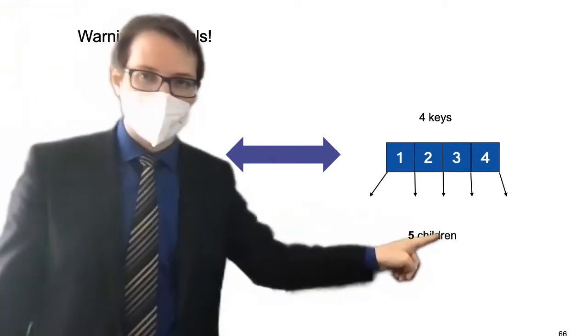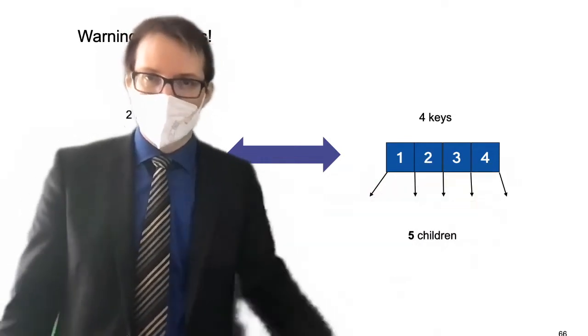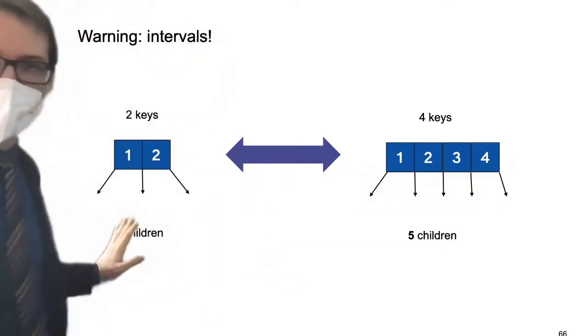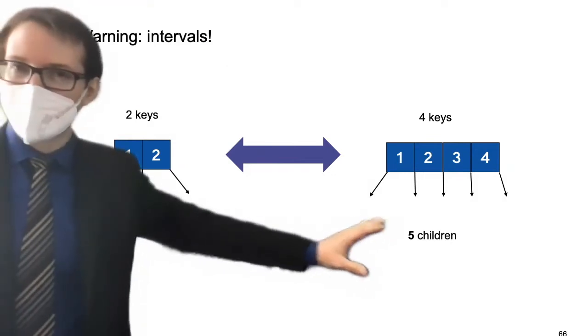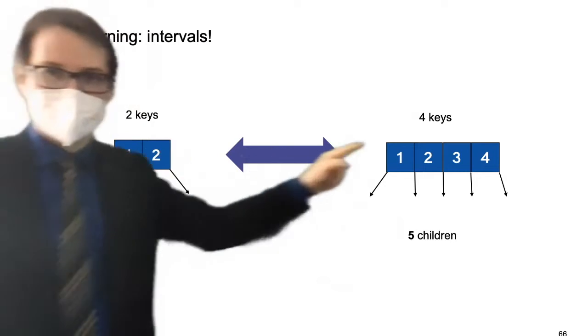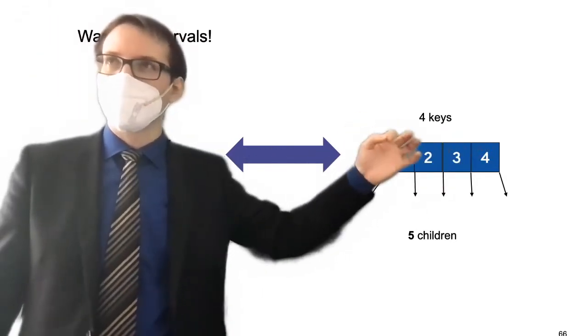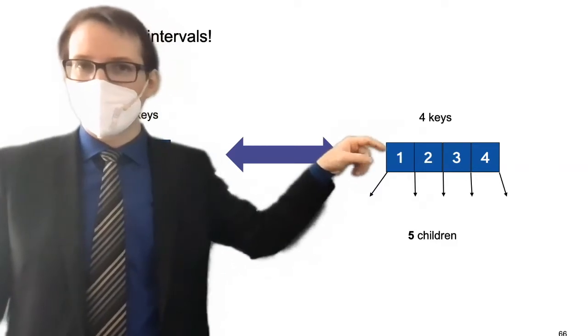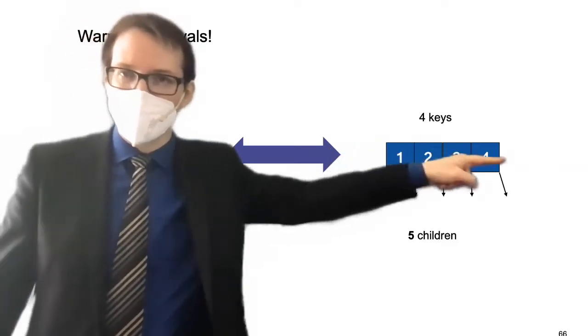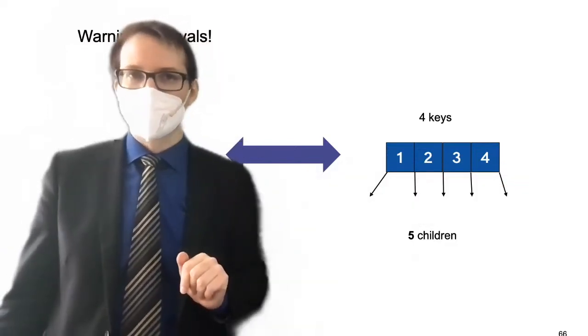If I have 5 children, 1, 2, 3, 4, 5, then I have 4 keys in there. So if I tell you between 3 and 5 children, that means between 2 and 4 comparison keys. Again, what are these keys for? They are for the lookup. When you arrive and look up a number, you compare it with these keys in order to find out where you're supposed to go for your lookup.